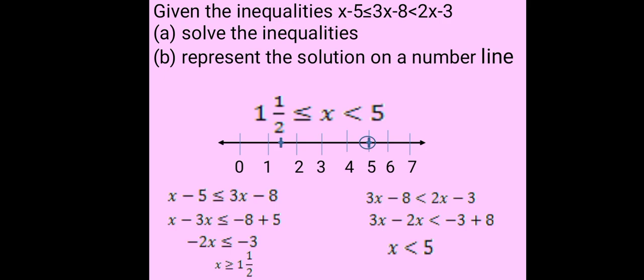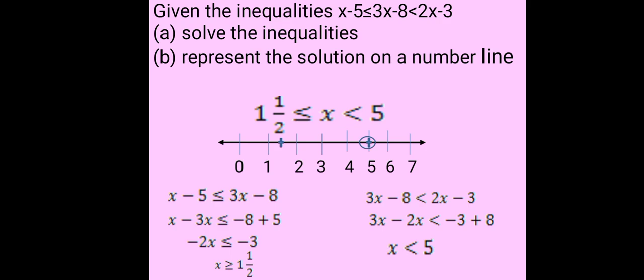We solve and we find that x is less than 5. So I've represented it there that 1.5 is less or equal to x, and x is less than 5.